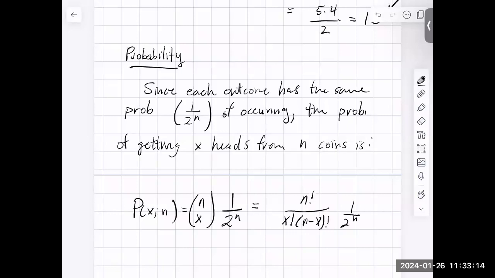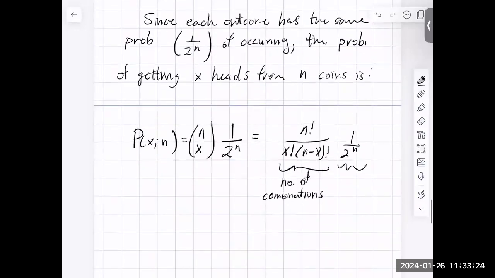And so this is the number of combinations, and this is the probability of any particular outcome.